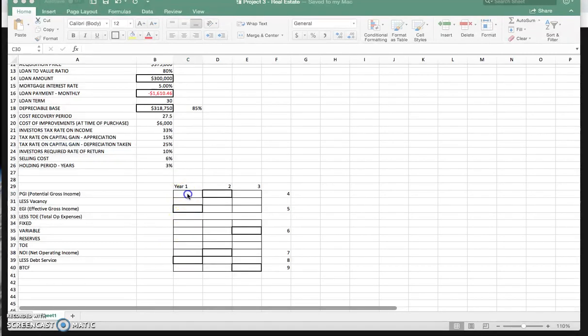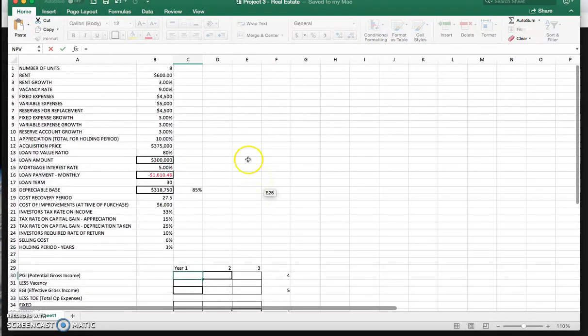But yeah, so to get the potential gross income, you're just going to take your number of units, and I'm not sure how to do F4 on a Mac, so I'm just going to do it this way, times the rent, which you can make absolute as well.